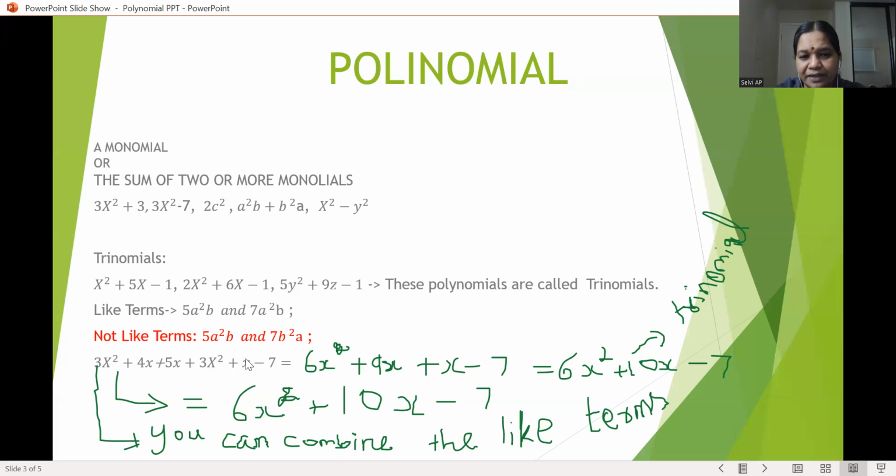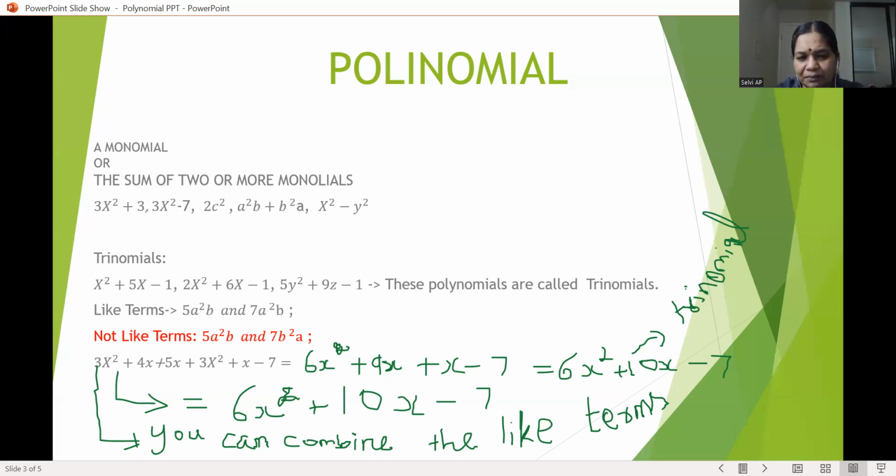See here, one more x term is there. So total 10x. I already told you, if it doesn't show any value in front of the variable, it means the coefficient of x is 1. So total 10x. Then the constant value is minus 7. So at the end of this simplification, we got 6x square plus 10x minus 7.